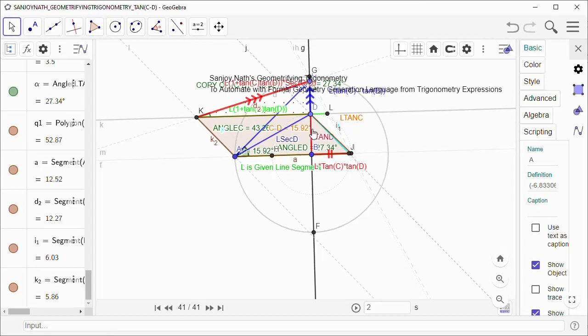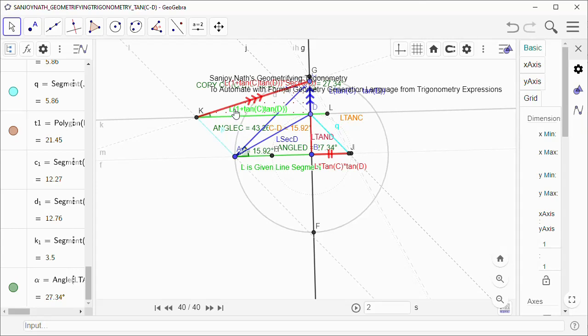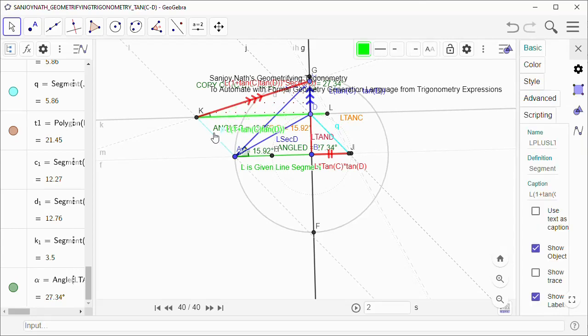Okay, this is transmitted here, so now if we delete this, then we can understand this is the L into 1 plus tan C into tan D, and this line is the tan C into tan D, and this part was the L.